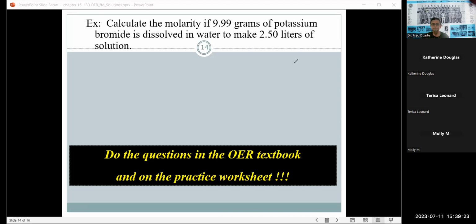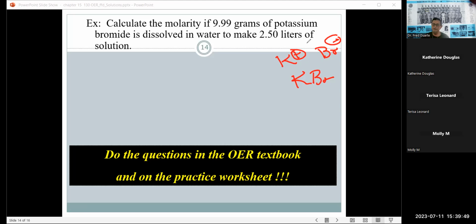Potassium is in group 1, so it has a +1 charge when it becomes an ion. And bromide is in group 7, so it has a -1. Now I can put these together in a 1-to-1 ratio because I have a positive and a negative. So the formula for potassium bromide is simply KBr.